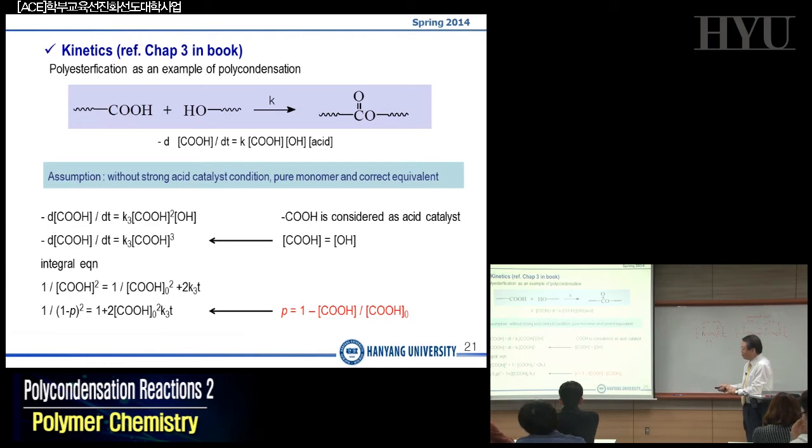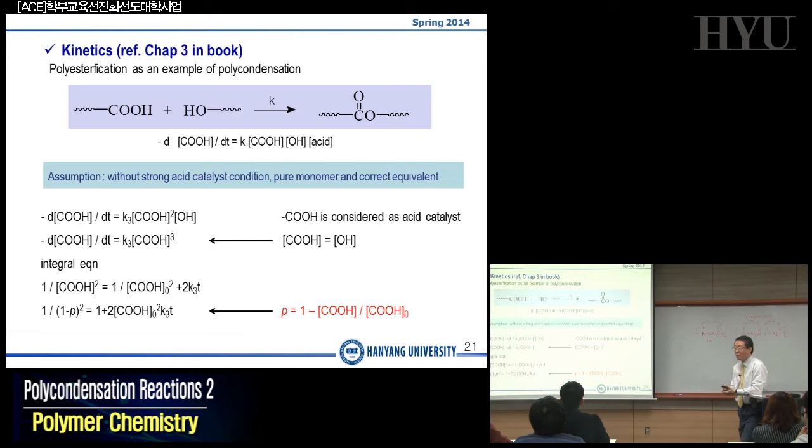And assume that we have already defined P, the extent of reaction, as 1 minus n divided by n0, and you come up with the final equation if you put this P right in here. So 1 over 1 minus P to the square is equal to 1 plus 2 times initial concentration to the square times the rate constant times t.